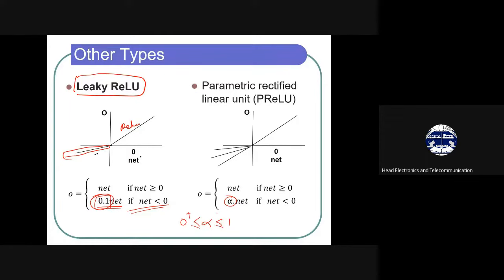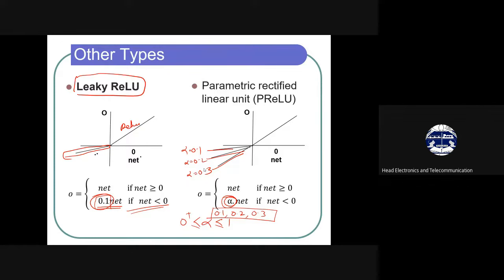So we can put 0.1, somebody can choose 0.2 or 0.3 and so on. As per your wish, you can play with this number. So you will have different slopes here for different values of alpha. This may be 0.1, this may be 0.2, say alpha equal to like this. Okay. So this is called the parametric rectified linear unit.